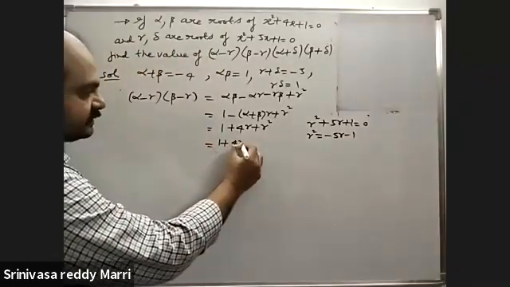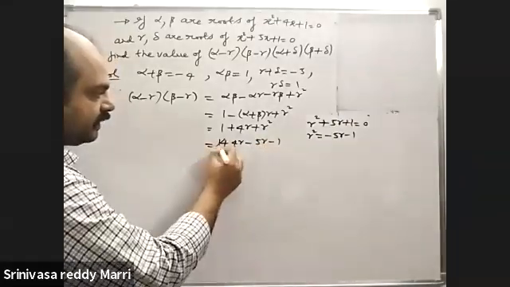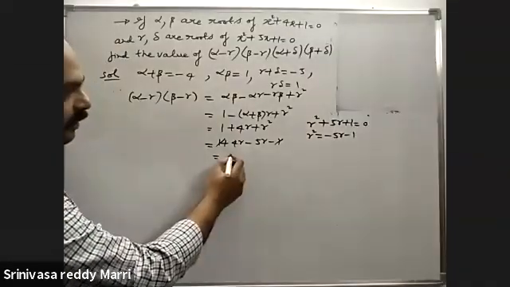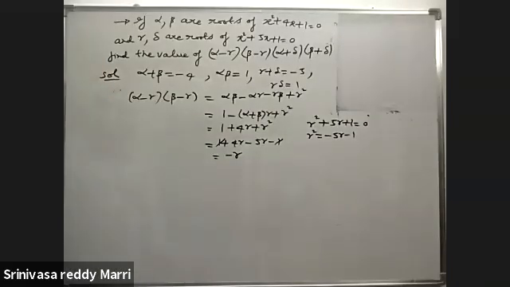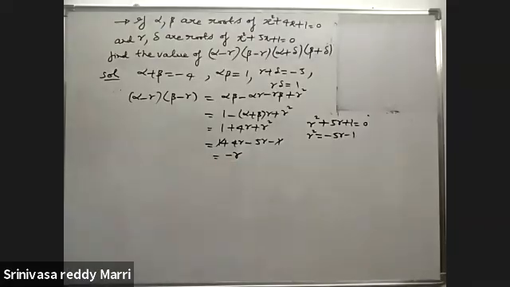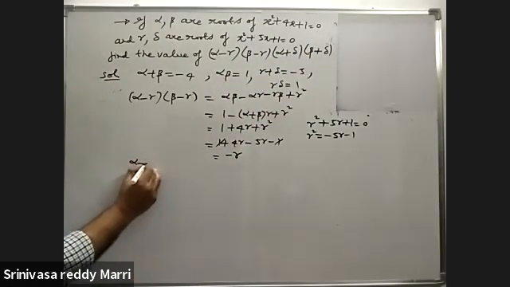So this will be further simplified, the 1 cancels, and this expression has converted into minus gamma, a simple one. So similarly, we will take the other two.